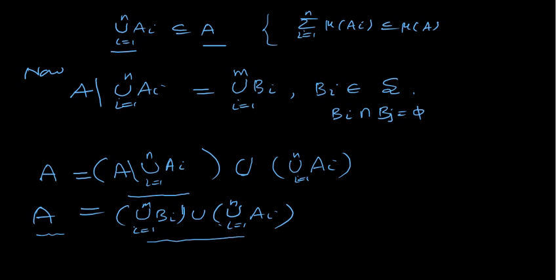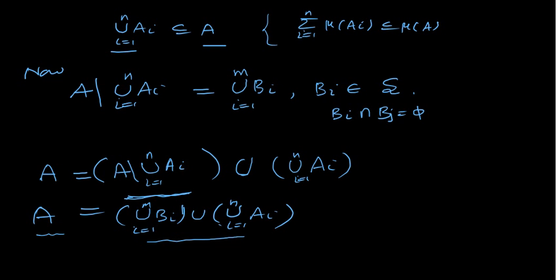The Bi's are obviously also disjoint from the Ai because here we have A minus the union of Ai. So the sets B1, B2, up to Bm are all disjoint from the Ai.